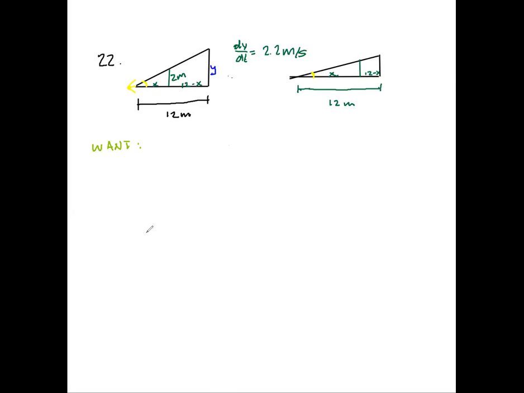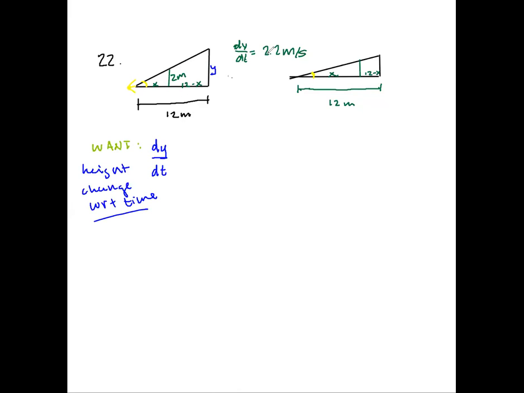It is a rate of change, and it is changing with respect to time. So I'm going to be looking for dy dt. So that's what I kind of want from here.